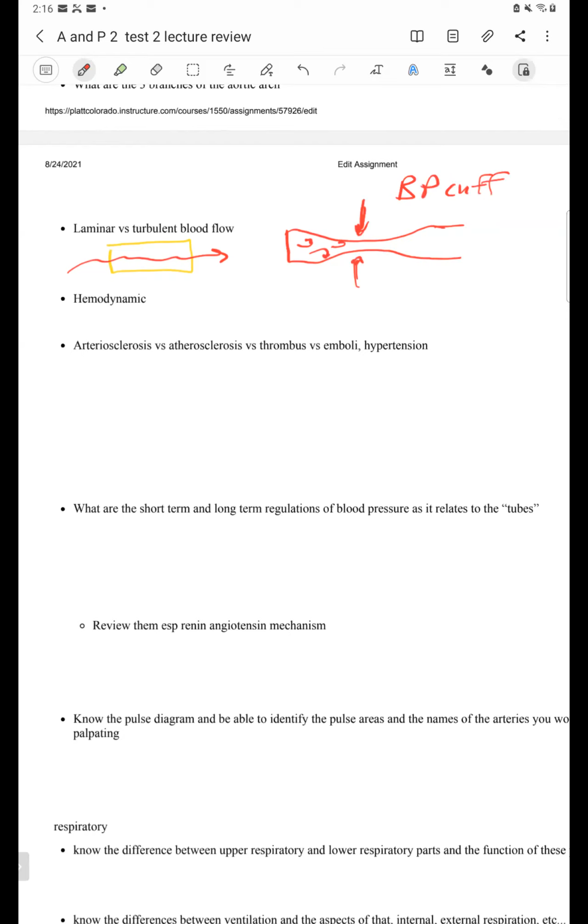And when you squeeze the blood pressure cuff hard enough, you have completely disrupted blood flow. Okay, and as you release the pressure and blood is slowly introduced, kind of one drip at a time, if you will, and you keep releasing, eventually the tube will go back to its normal circumference and it'll go back to laminar flow.